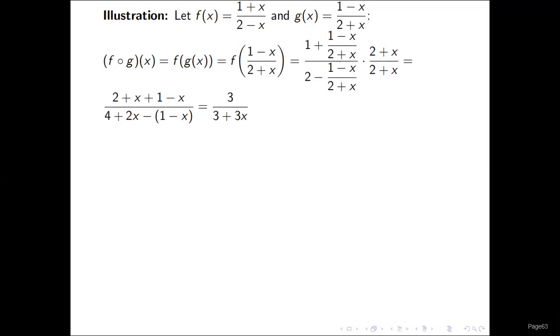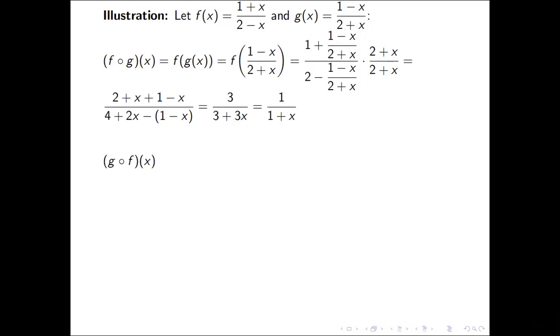And then you will get 3 over 3 plus 3x, which can still be simplified, although that technically is already correct. But we want it as simple looking as possible. So there, 1 over 1 plus x. That's all it is, that very complicated expression. 1 over 1 plus x.